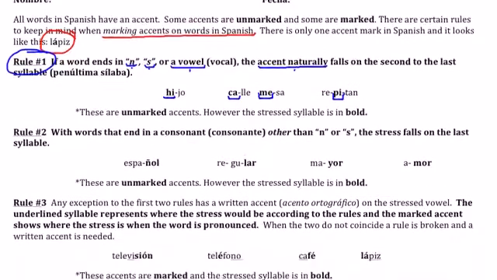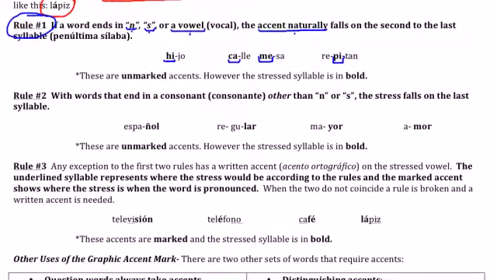Rule number 2 is if there are words that end in a consonant other than N or S, the stress falls on the last syllable, which is the última sílaba. The following words follow rule number 2. So listen carefully. Español, regular, mayor, amor.